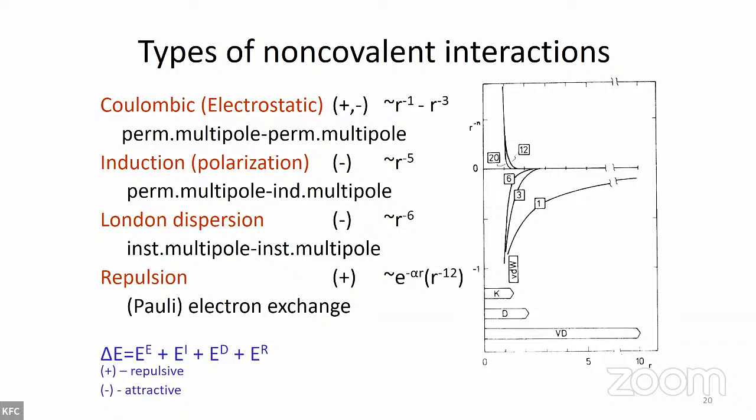So their movements start to be correlated, and as such, they are then attracting each other. So that's the London dispersion. Of course, they are interacting only with the electrons of the next atom. So this is an extremely short-range interaction, only when the atoms are actually in contact.